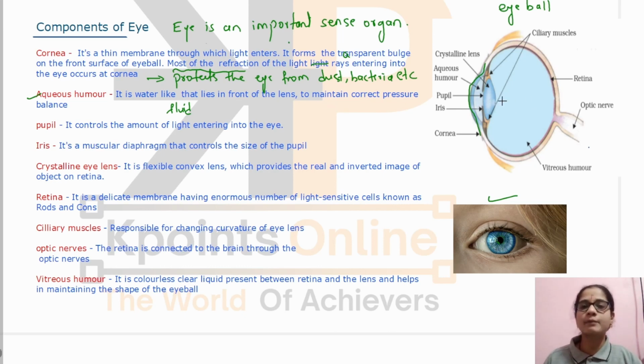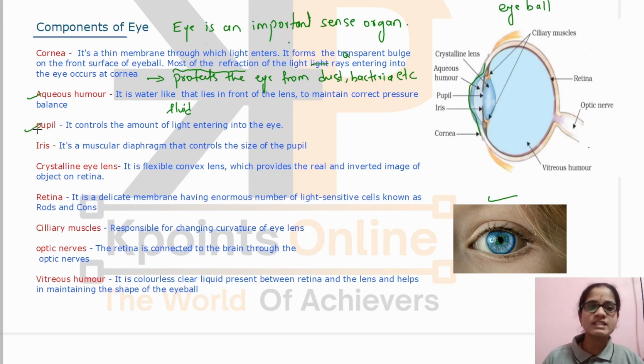We know that this eyeball is spherical in shape. It is very important to maintain the structure of this eyeball, and it is done by the aqueous humor. It maintains the correct pressure balance of this eye structure.